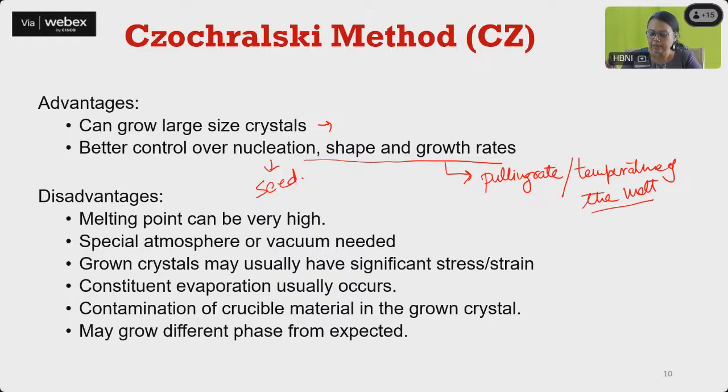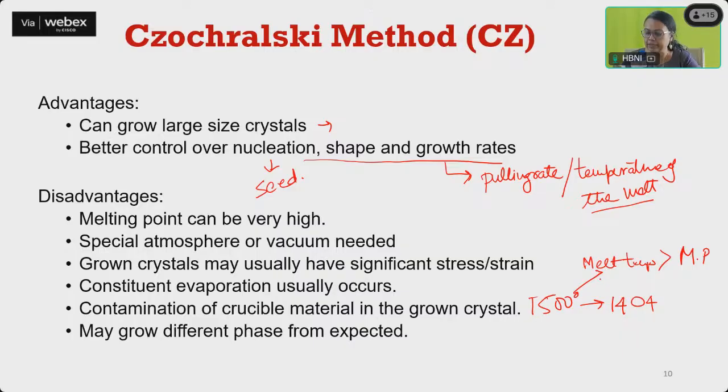So what exactly is happening? I told you that the melt temperature is greater than the melting point. But if the melting point is say 1404, it is not like the melt temperature is kept at 1500 degrees centigrade.